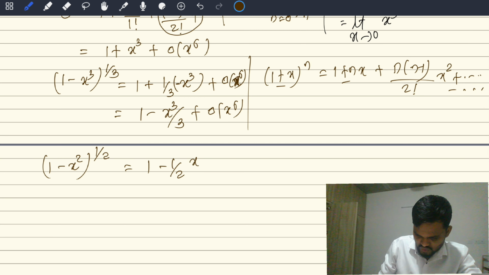Now let me write the whole limit. So let me solve the numerator. It is nothing but e to the power x cube minus 1 minus x cube to the power 1 by 3 plus 1 minus x square to the power 1 by 2 minus 1 into sin x, right?